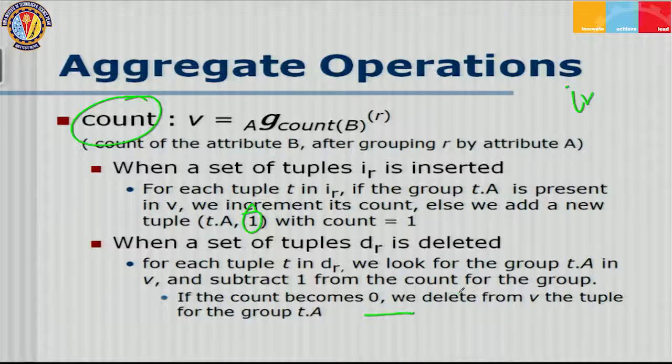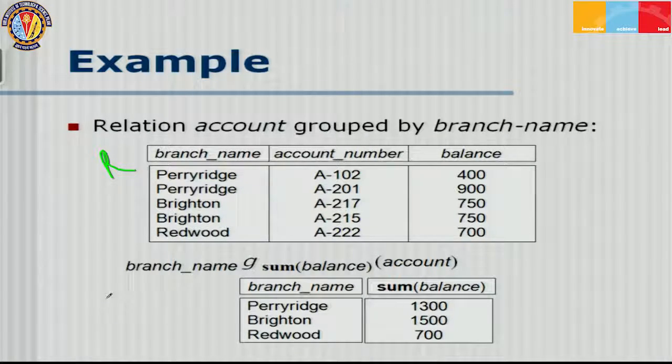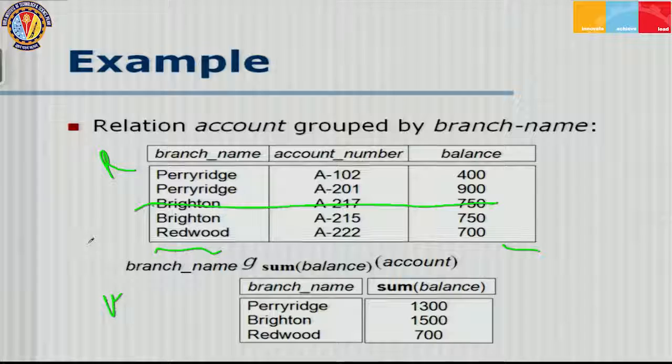Now the next operator is sum, which is slightly more involved than count, and this is an example that I have put. This is my R, and this is my materialized view. You can add some tuples here or delete some tuples from here, and then, based on the previous slide, work out the results which are given here.